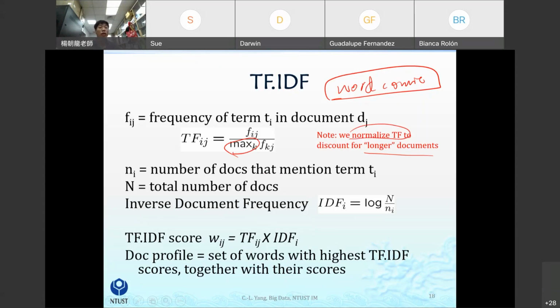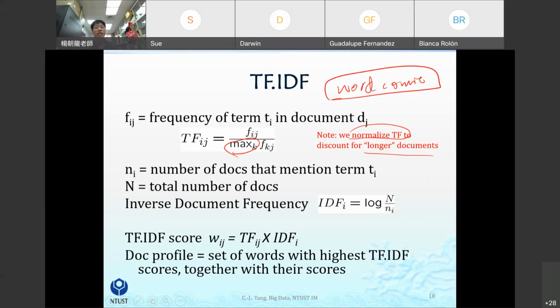For example, your report is 200 pages versus a 5-page document, and obviously with the longer document you have more chance of my name appearing, probably. That's just an example. So we want to choose the longest one, then we want to have a normalizer. So here's a normalization.